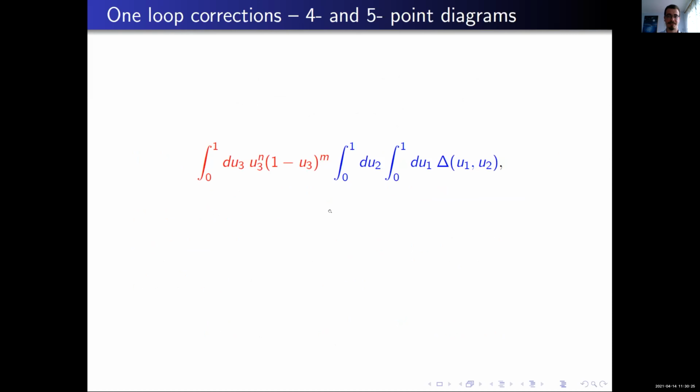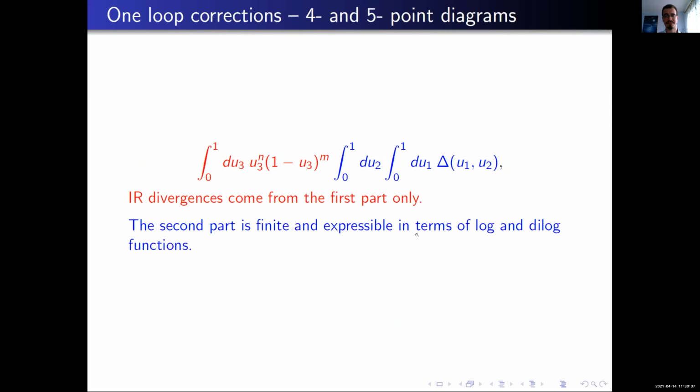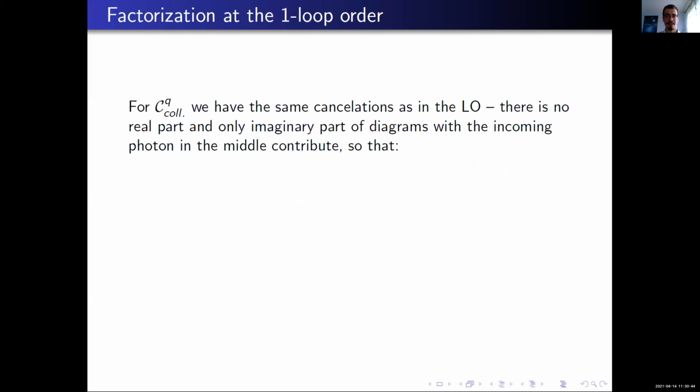We see that it's a product of two integrals, and infrared divergences present in these diagrams come only from the red one. The blue one is finite and expressible in terms of logarithm and dilogarithms. We have analogous cancellations at the leading order.